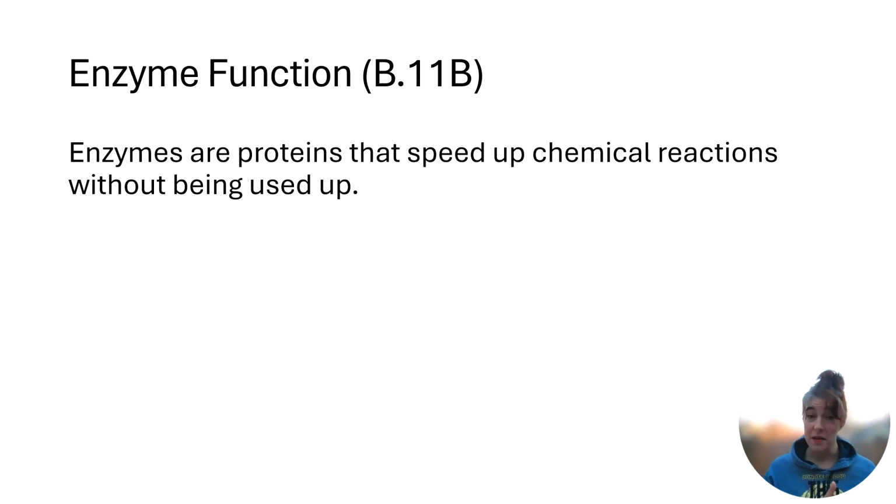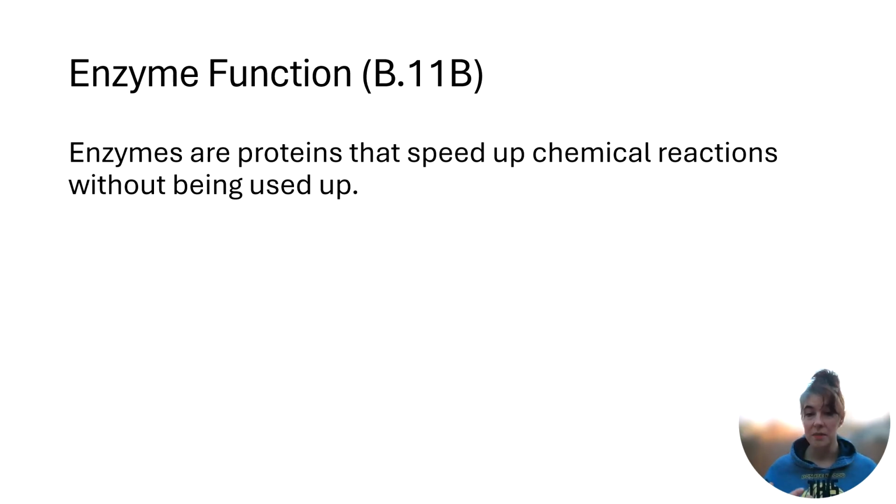So we've talked about enzymes. I mentioned specific ones like amylase previously. Enzyme function. Well, without enzymes, we wouldn't be able to speed up these chemical reactions. Enzymes are really unique. They help our cells be very efficient because they don't get used up.